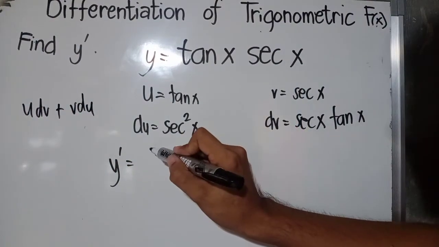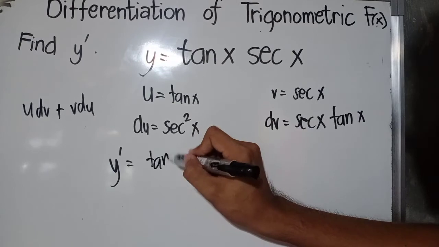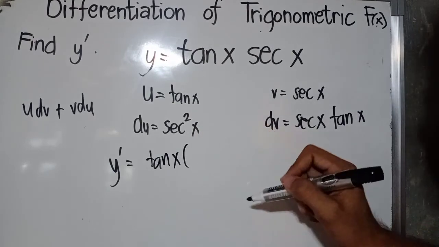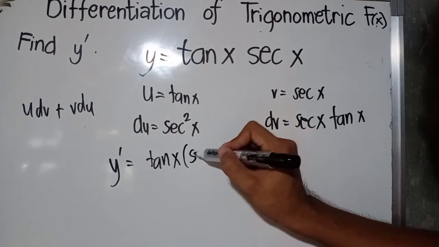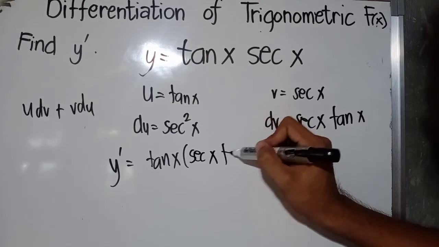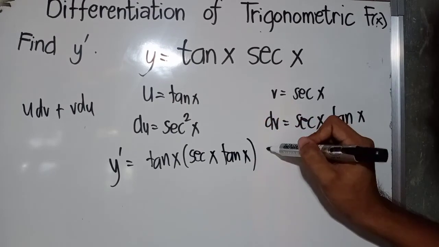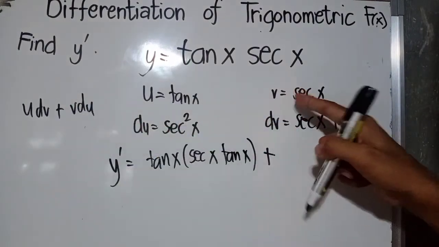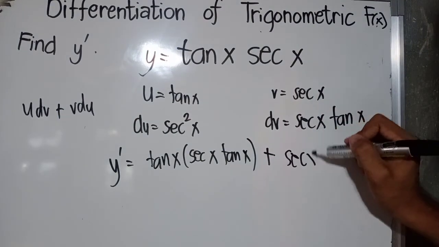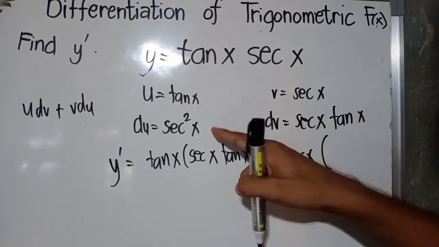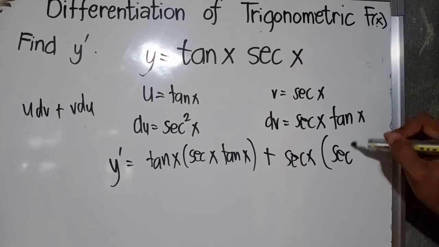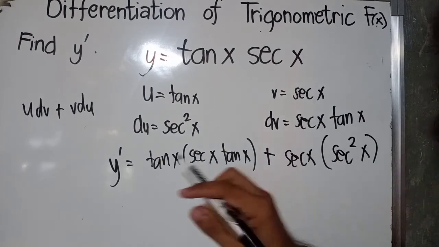So that is, substitute nyo lang again, tangent x times this one, dv secant x tangent x plus v du, which is secant squared x.